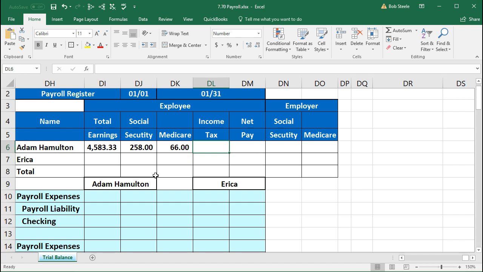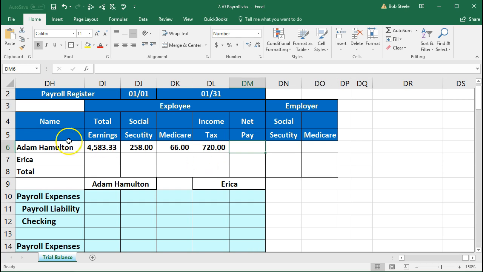And the way we would do that, we would need to know the marital status, which would be on the W-4, the number of exemptions, the amount of earnings, of course, and the time period on which we pay, whether that be monthly or semi-monthly or weekly, and so on and so forth. So we're going to say that the income tax is $720. We'd also have to take that information, of course, and look at a table in order to then get this number of the withholdings.